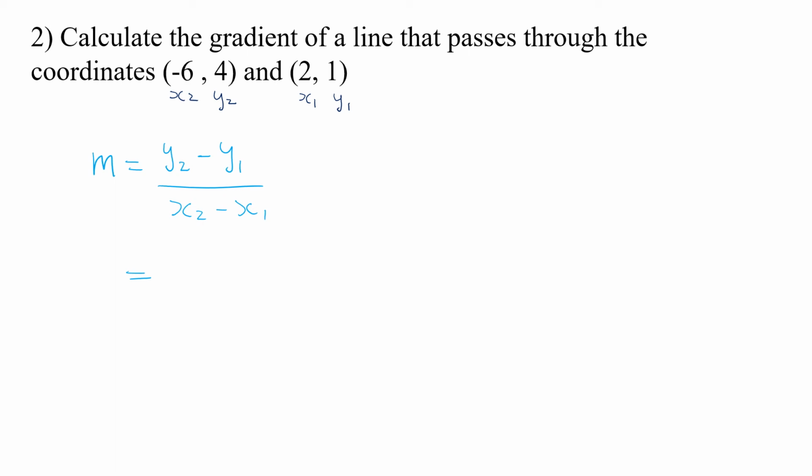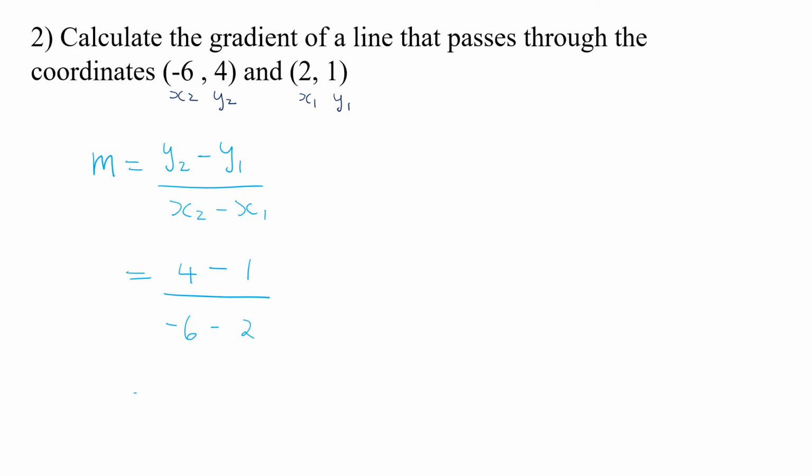So y2, I identified as 4. So 4 minus y1 is 1. All divided by x2, which is minus 6, minus x1, which is 2.